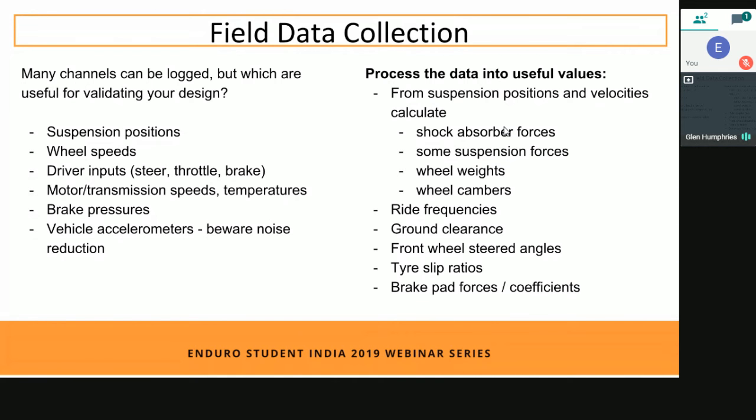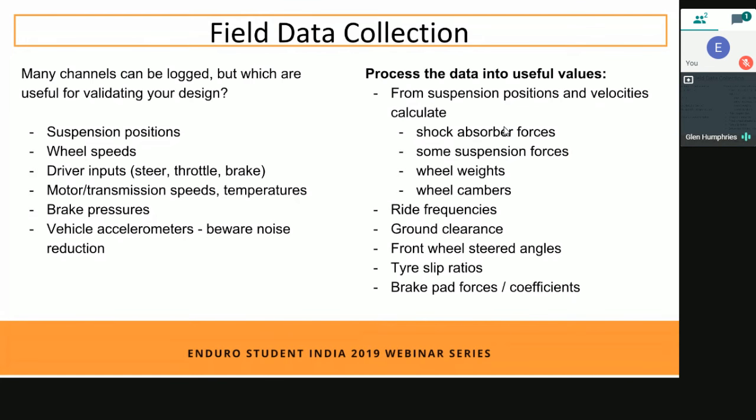And like I said before, it's because we're not necessarily after super detailed data. We just want to know, roughly, where within the suspension travel are we sitting? How fast is it moving? How is it responding to certain things? So you can log what would seem like relatively complex things pretty simply.